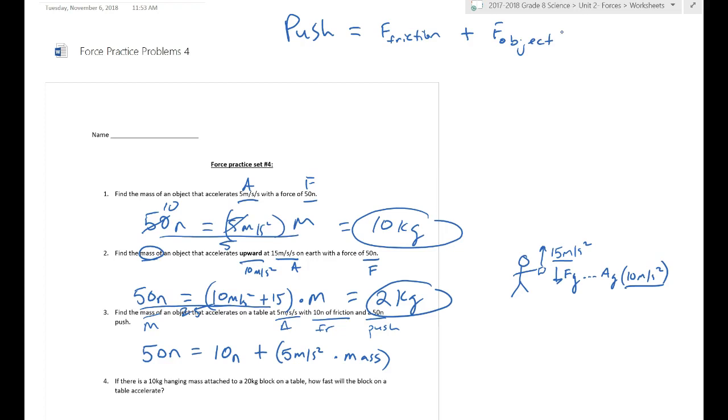If I want the object to move at a certain rate, I need to not only push it hard enough to move it that quickly, but I also have to overcome any friction. So I must account for friction and account for how quickly I want the object to be moving in my push, also known as net force. So this is when we are talking about horizontal motion.